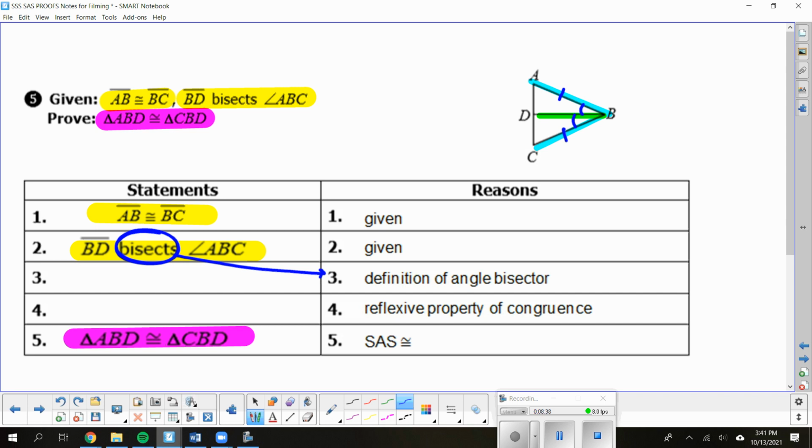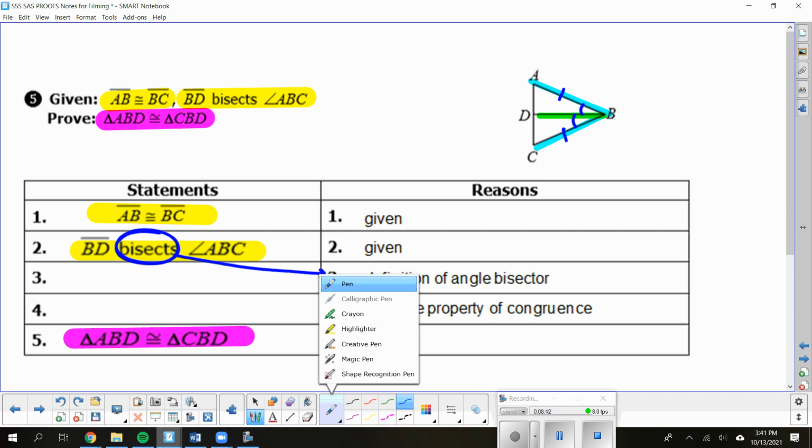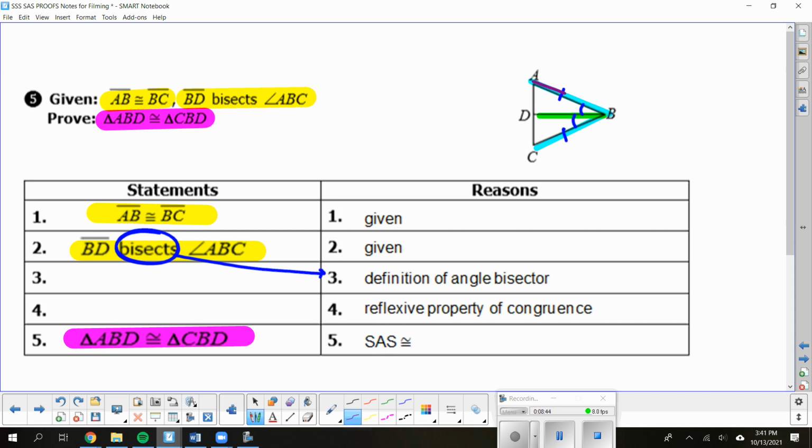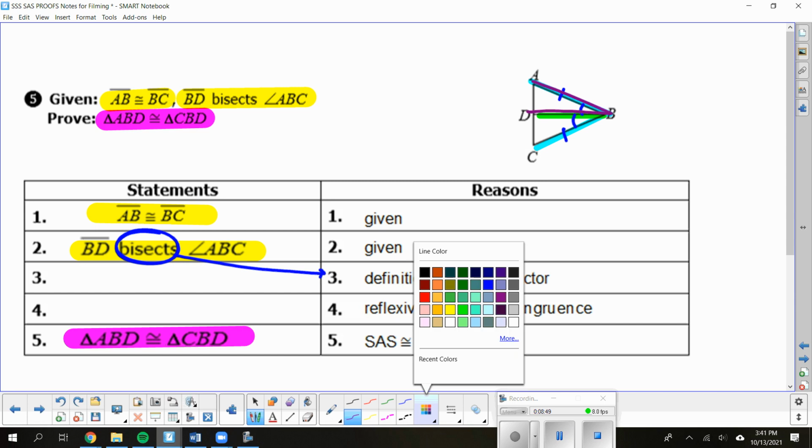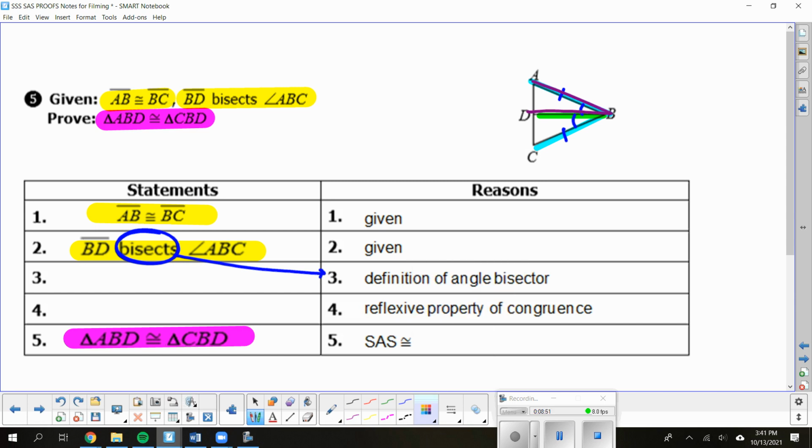Now naming them is where it's important. Trace it out. You need to name one of them, angle A to B to D. And then you should name the other one, angle C to B to D. Because that orange and purple is going to make up that original blue angle.